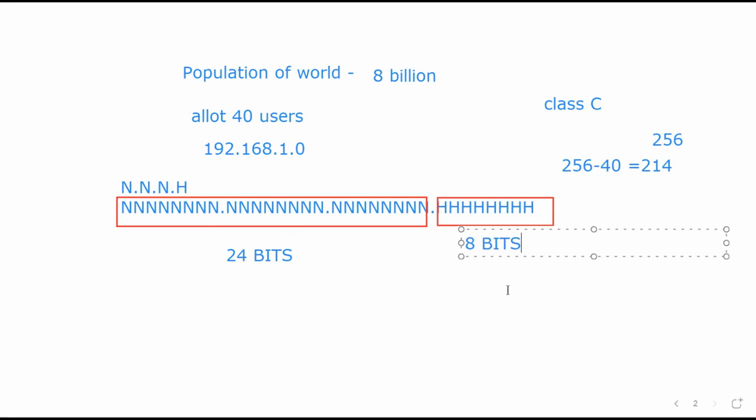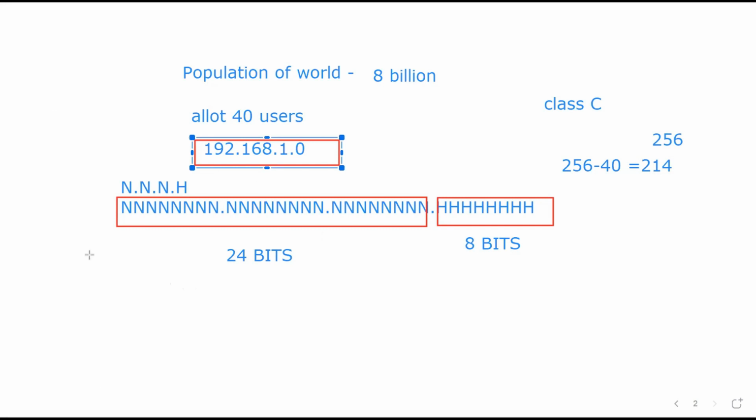Right? So you got an email to allot IP addresses to 40 users with the private range of IP 192.168.1.0.